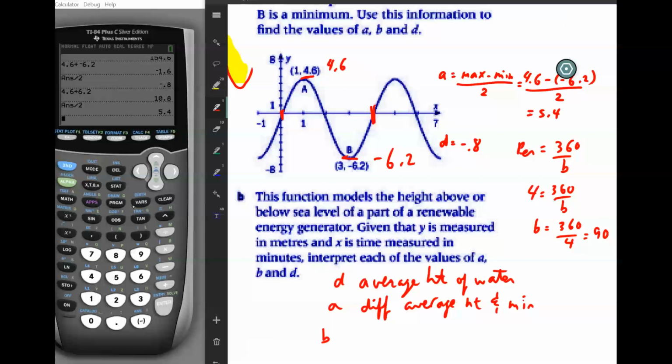And in this particular case, since it's equal to 90, that means that the period is equal to 4. So since B is equal to 90, that means that one cycle of the water going up and down is going to be equal to 4.